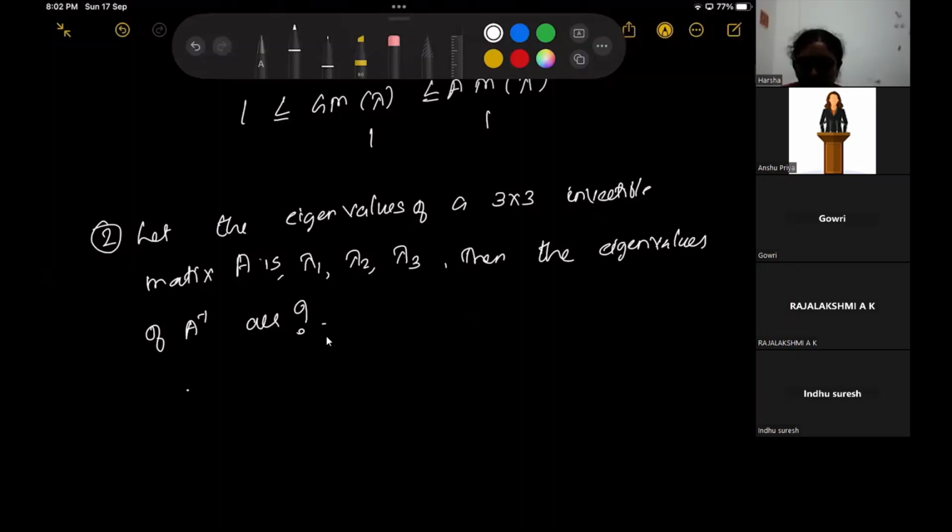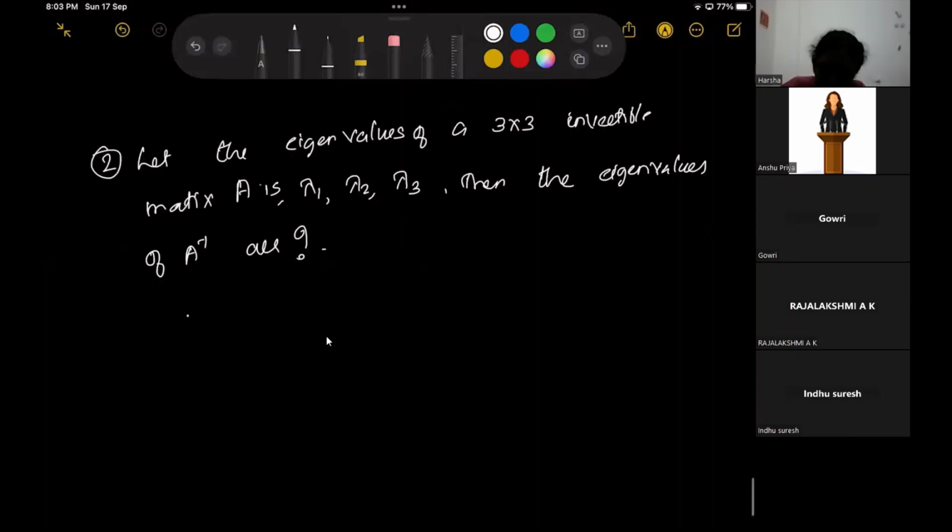One by lambda 1, 1 by lambda 2, 1 by lambda 3. Yes, we have already shown that result: if A has an eigenvalue lambda, then 1 by lambda is an eigenvalue of A inverse, correct? So the answer is 1 by lambda 1, 1 by lambda 2, 1 by lambda 3.